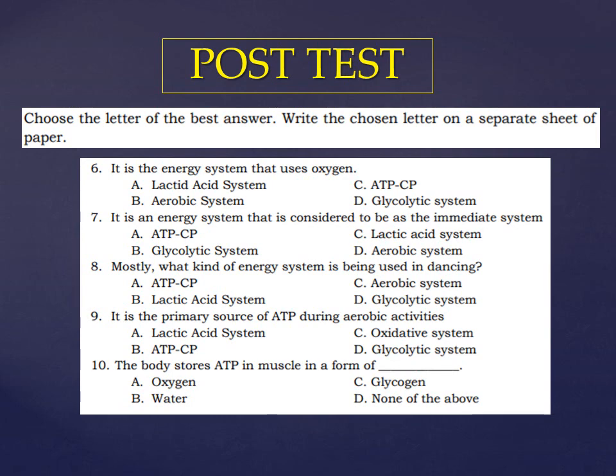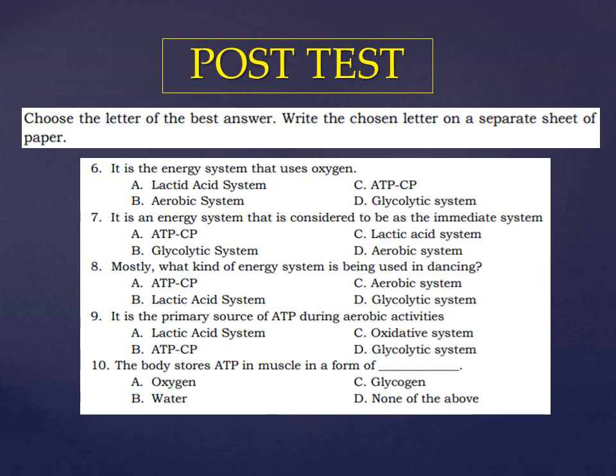B. Glycolytic system. C. Lactic acid system. And letter D. Aerobic system. Number 8. Mostly, what kind of energy system is being used in dancing? A. ATP-CP. B. Lactic acid system. C. Aerobic system. D. Glycolytic system.